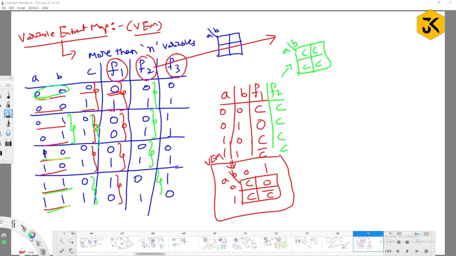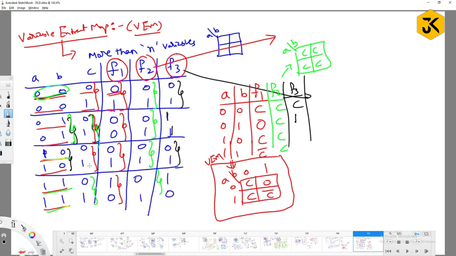Similarly, if you take F3, what are the possible values? If you give 0 0 as input, you get C. If you give 0 1 as input, you get 1 1 as output irrespective of C. So you can write 1 here. If you give 1 0 as input, irrespective of C, you get C only.